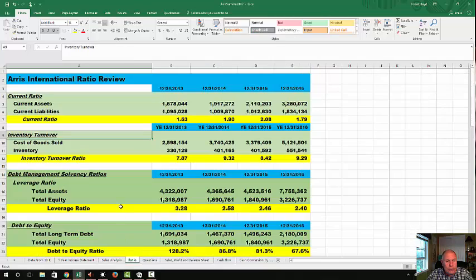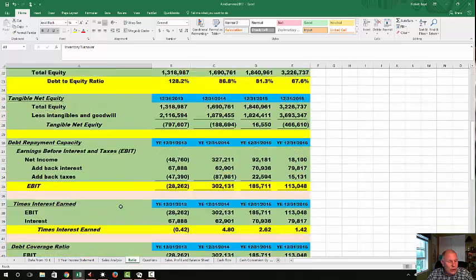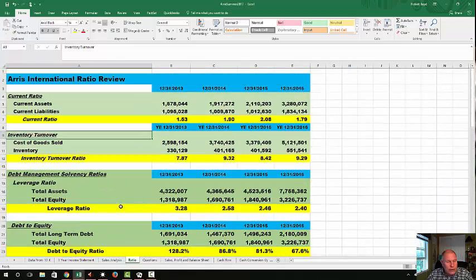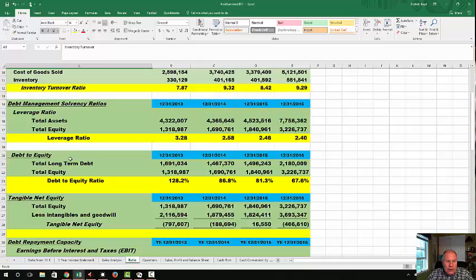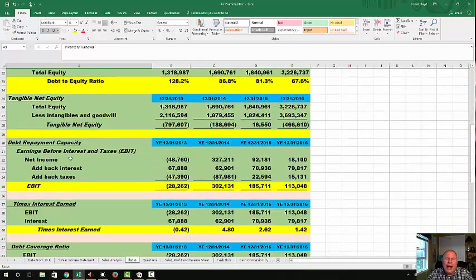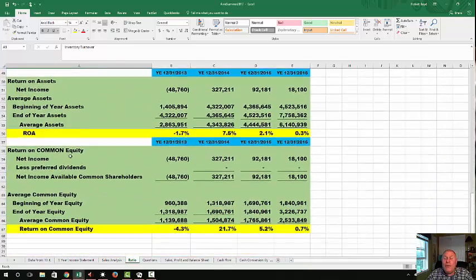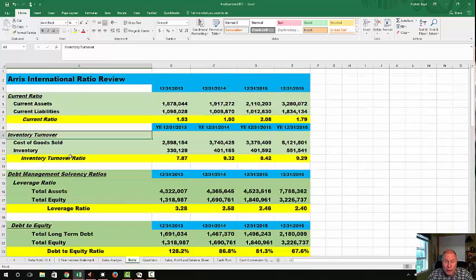I then moved into the ratios, where I did the ratios, and you can go through this, but it's straightforward. My current ratio, inventory turnover, solvency, debt to equity, tangible. I'm generating information at this point, data for me to look at. Yes, I know what the current ratio is.